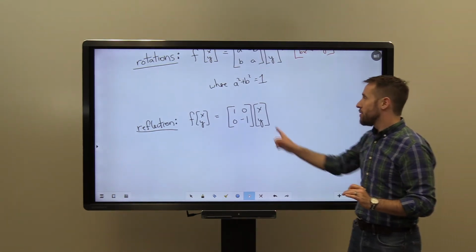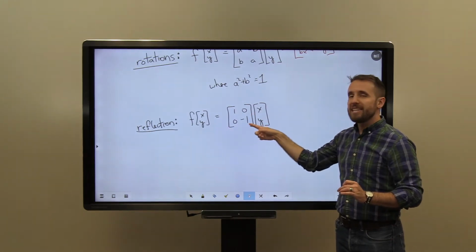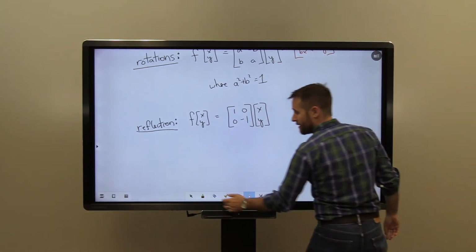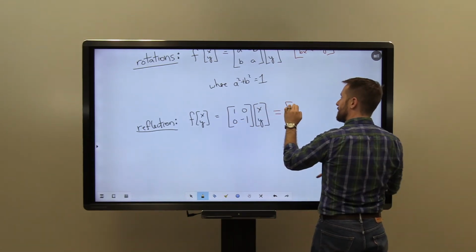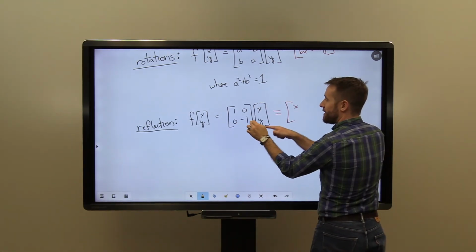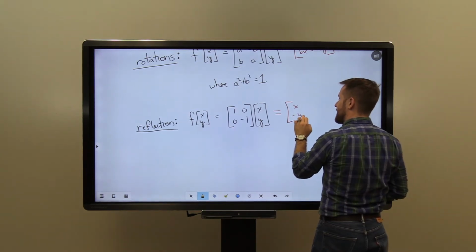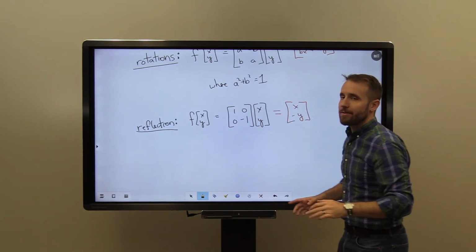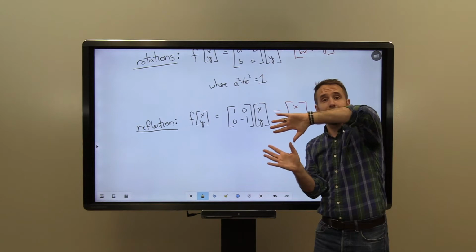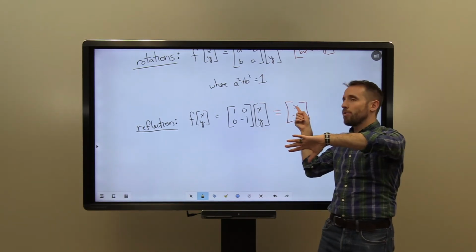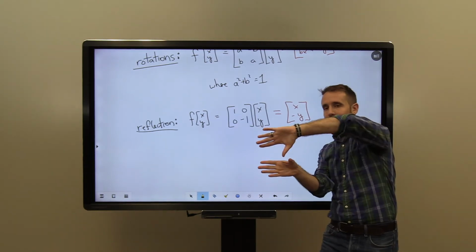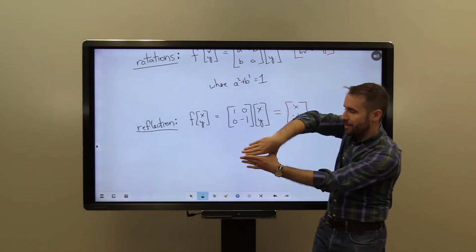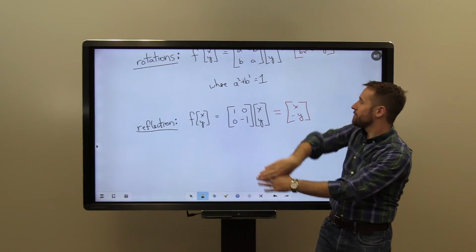Let's use the matrix 1, 0, 0, negative 1. And indeed, another quick sanity check, when we do this, this will give us x up here and negative y down here. So we can really think of this as a reflection across the x-axis. The x-coordinate won't change, but the y-coordinate will go from y to negative y. And so this is a reflection specifically across the x-axis.